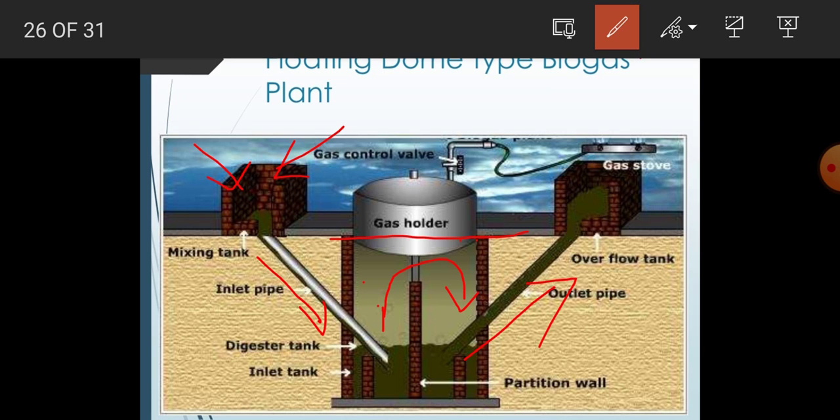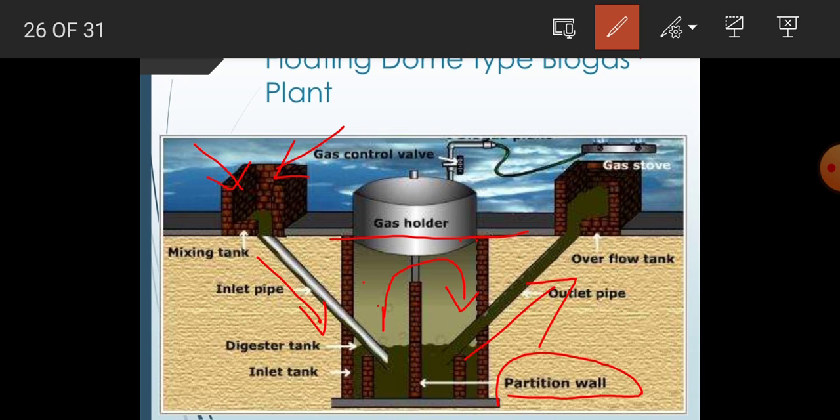Now, why is this partition wall required? The digestion process requires two types of bacteria: acid forming bacteria and methane forming bacteria. Both work in different conditions, therefore two chambers are given.